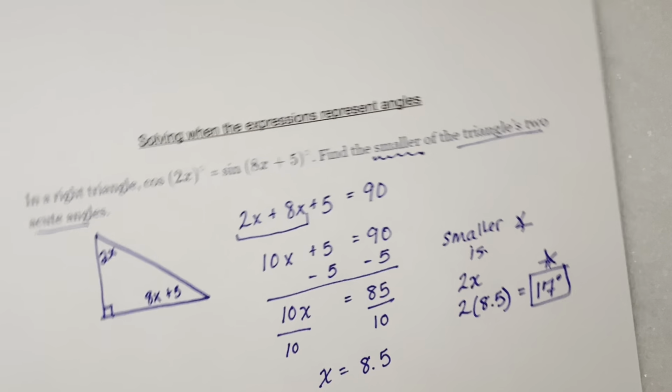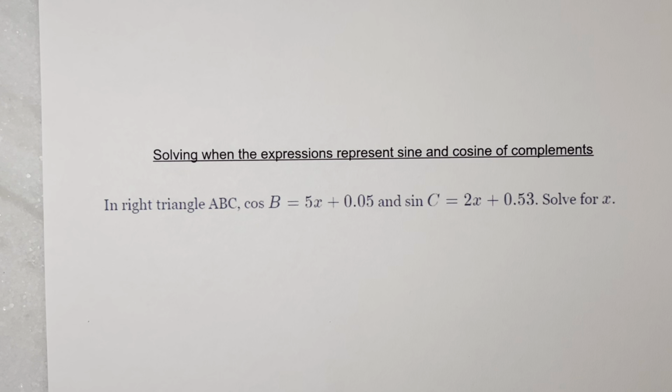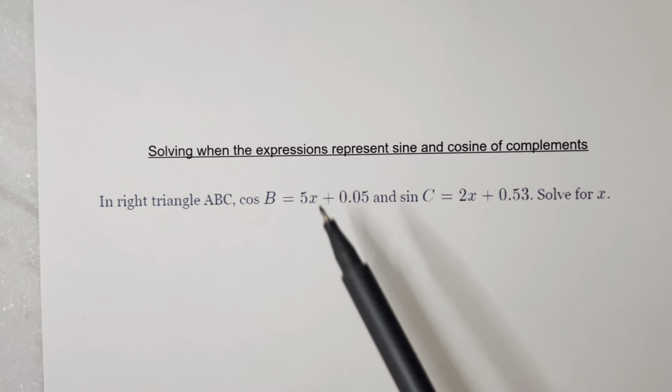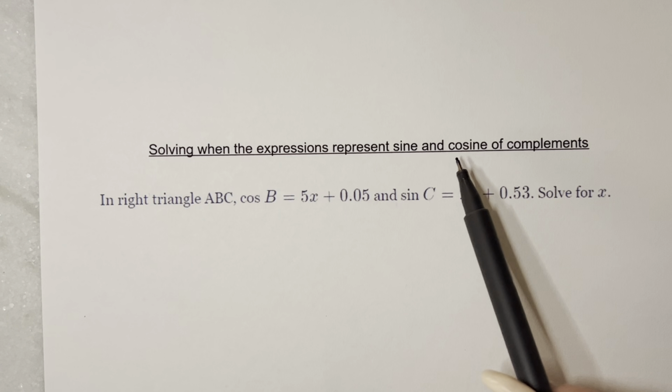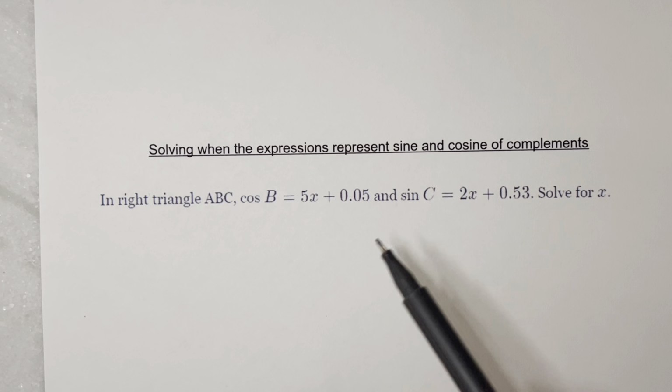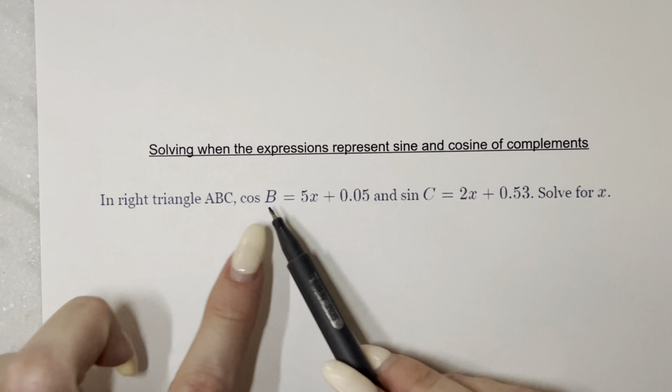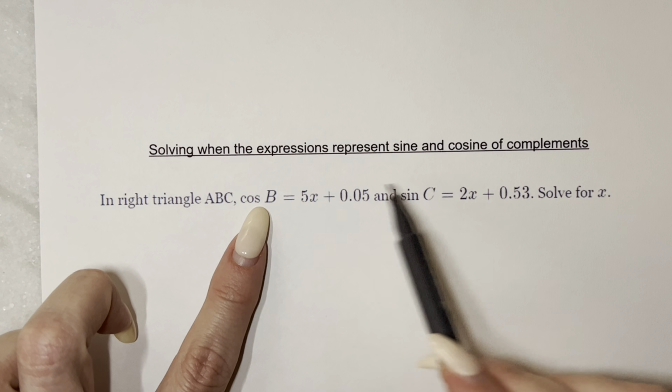Okay, and then the last type of question is whenever you are solving, but the expressions actually represent the sine and the cosine. So they don't represent the angles, they actually represent the sine and the cosine.